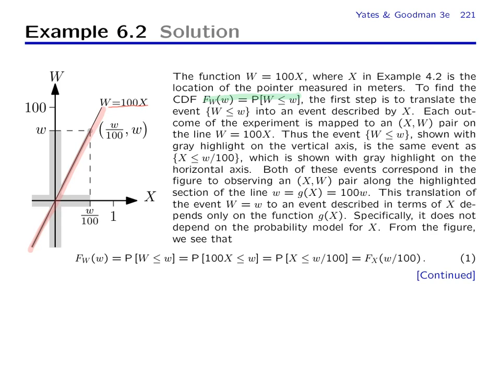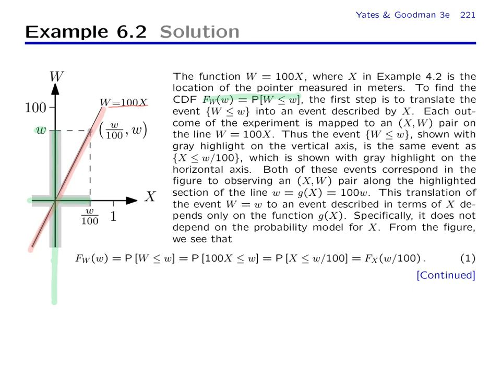So we mark a value of w, and the way to think about this problem is that we're interested in the probability that we observe a W below this little w. If we think about points on the w-axis, it's all these points down here. And the function w equals 100x connects this to the same values of x that give you W less than or equal to little w. It's these values of x, right?